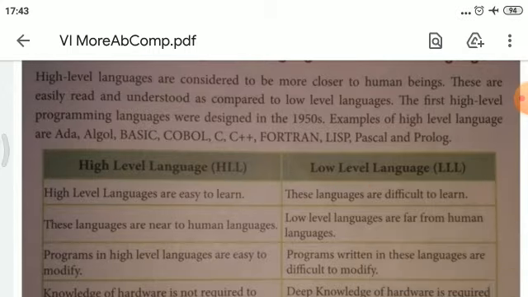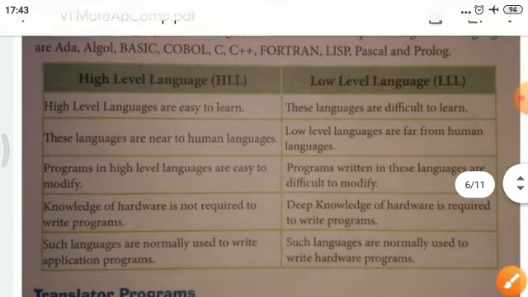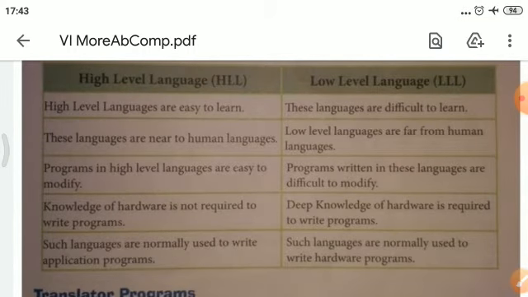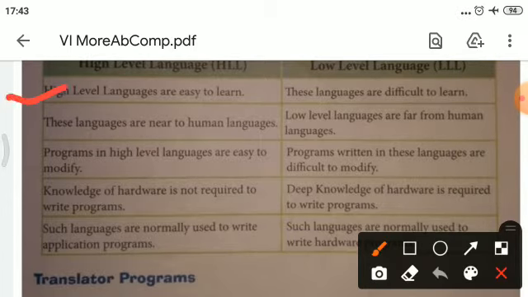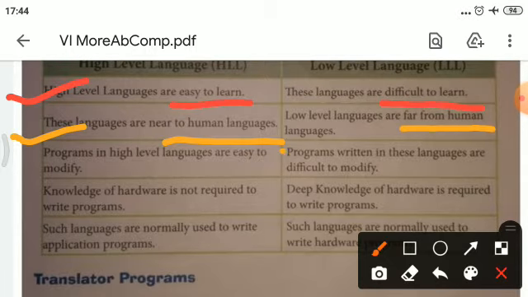And first, high level languages are easy to learn, and low level languages are difficult to learn. And next, high level languages are near to human language, and low level languages are far from human languages.